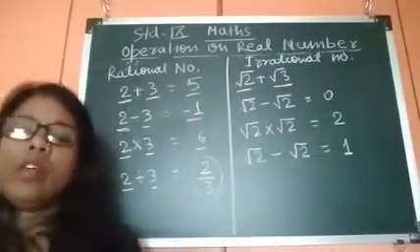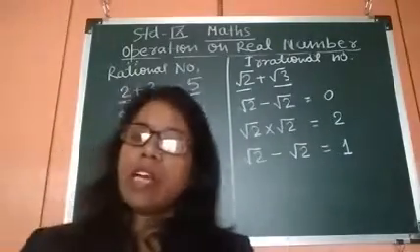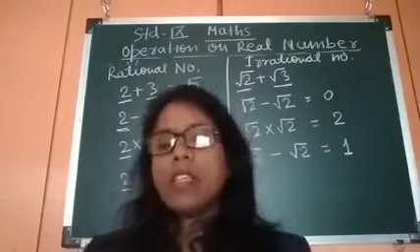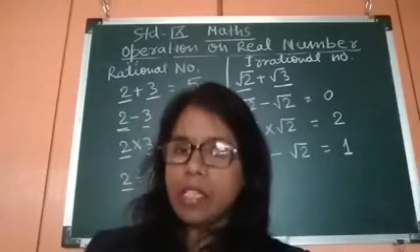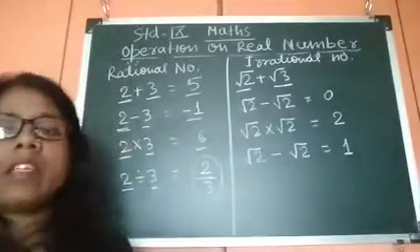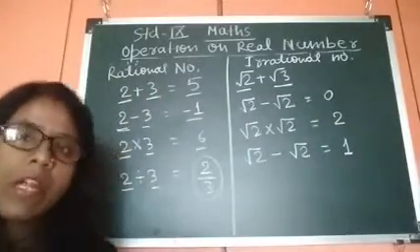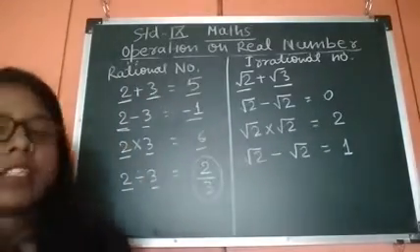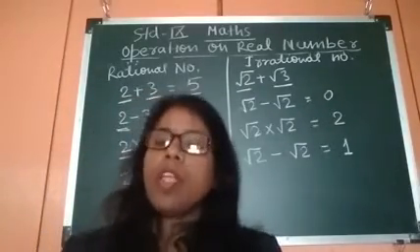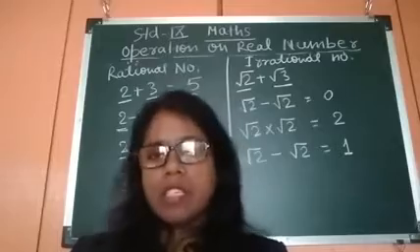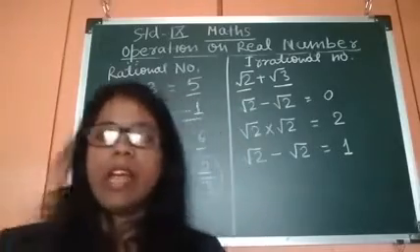So when you divide, multiply, subtract or add two irrational numbers, it is not always possible that the result will be an irrational number. It may be irrational, it may be a rational number. That means irrational numbers are not closed with respect to the 4 operations: addition, subtraction, multiplication and division.